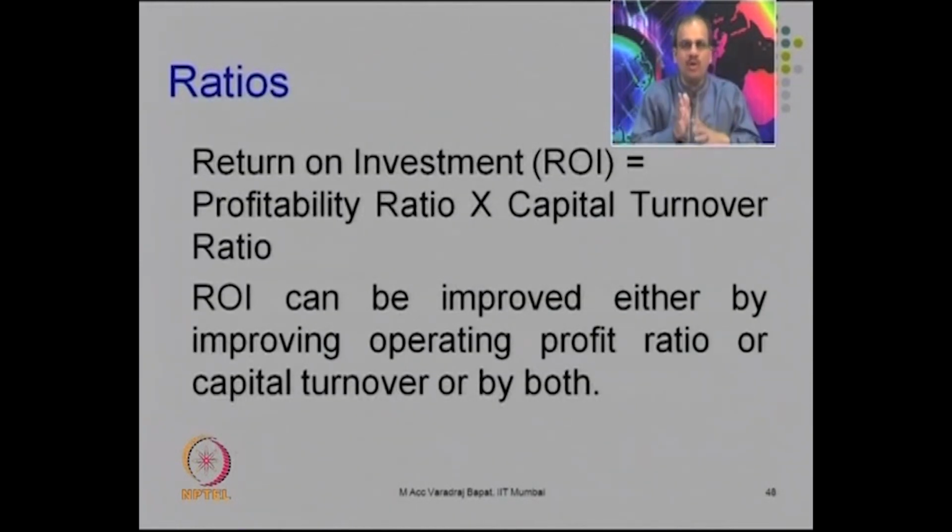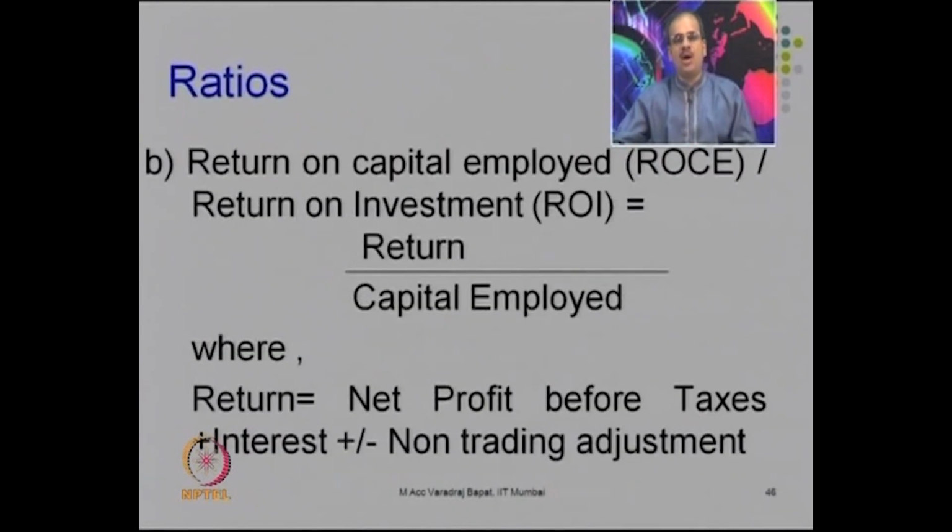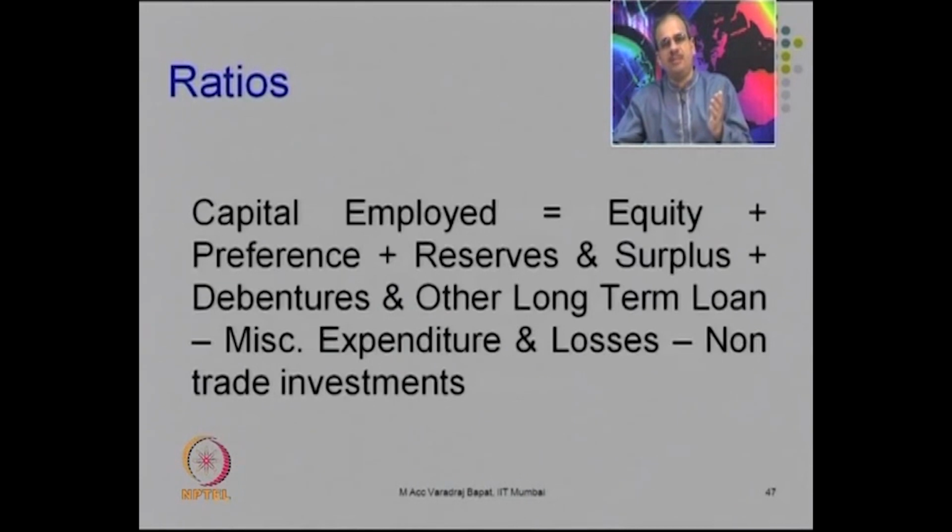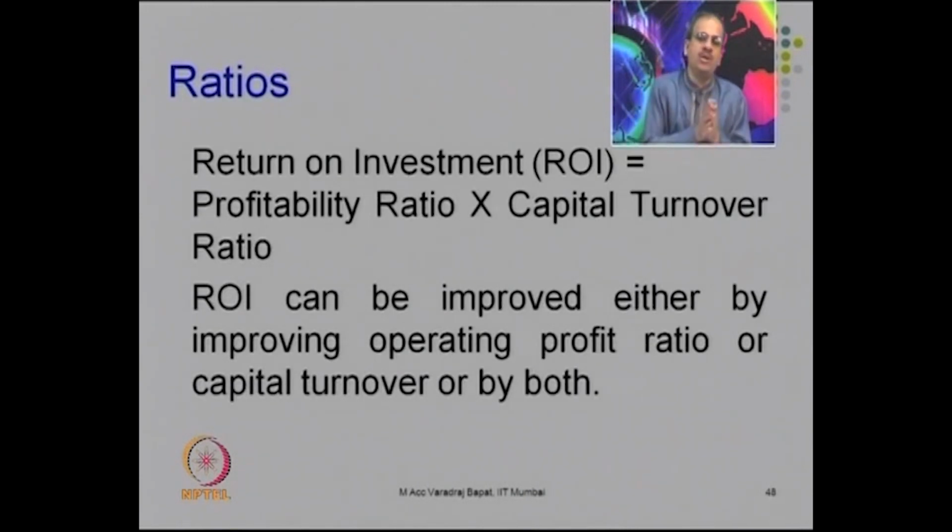There is also one more way to calculate ROI. As we have seen, ROI is basically return upon capital employed. It can be broken down into two ratios. You already have a profitability ratio. If you multiply it by the capital turnover ratio, then you get ROI. This hints that ROI can be improved in two ways.